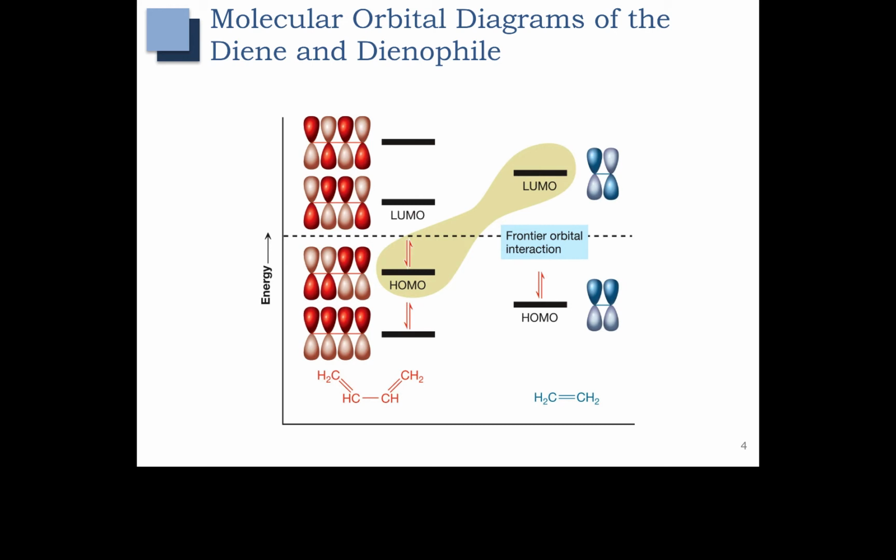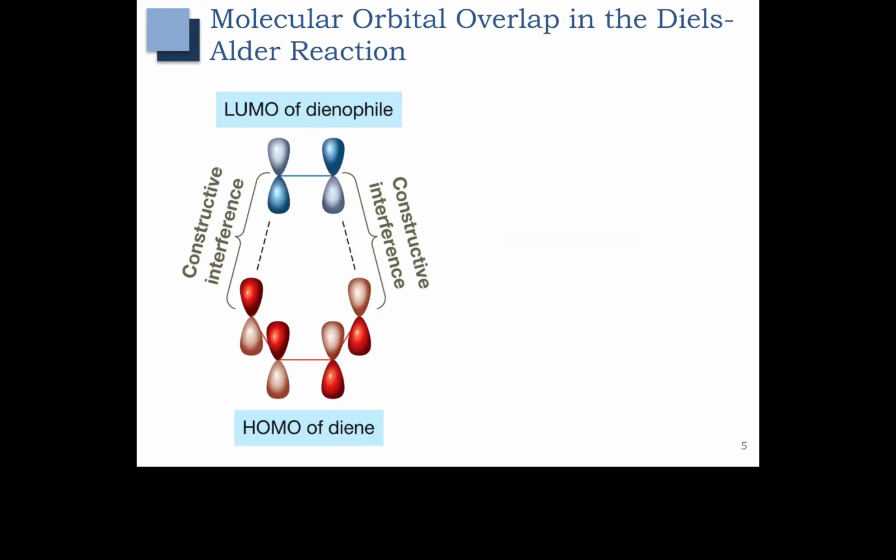These reactions have to work well in terms of orbital overlap, or our reaction is not going to be able to proceed. In this picture, this is showing orbital overlap in the Diels-Alder reaction.